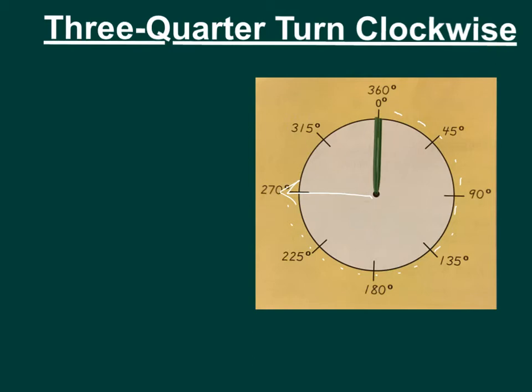Now you try. Pause video now. Great work. By making a 3/4 turn clockwise, it's the same as saying I moved 3/4 of the way through my circle, or 270 degrees.